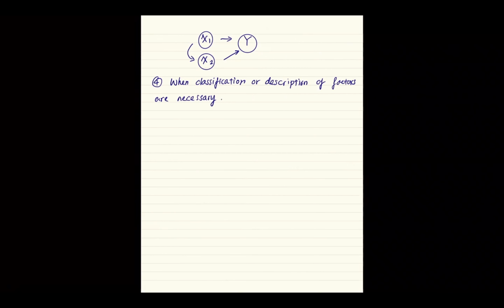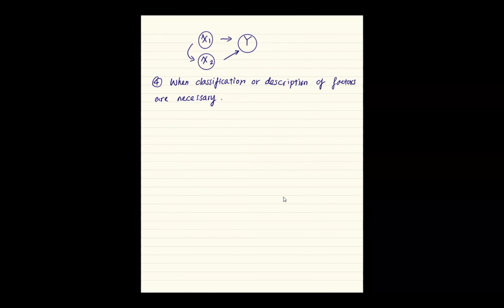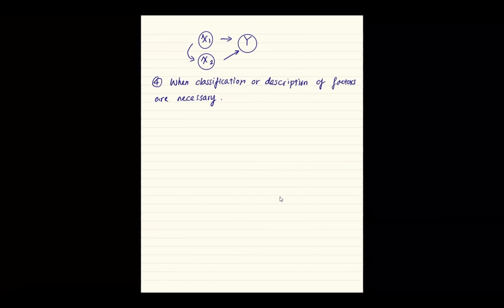Because sometimes the reason we analyze the data is not really to find out which one matters more. There are certain cases where we just want to combine or group the similar factors. For example, if your objective is to figure out how many factors belong to the political group, how many belong to the economic group, how many belong to the sociology group.